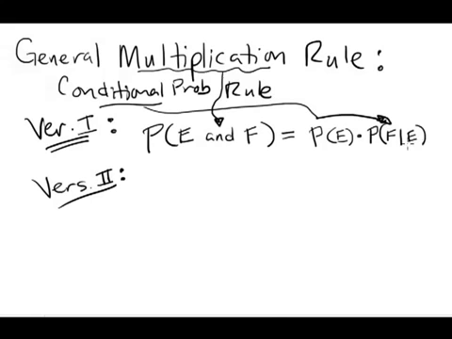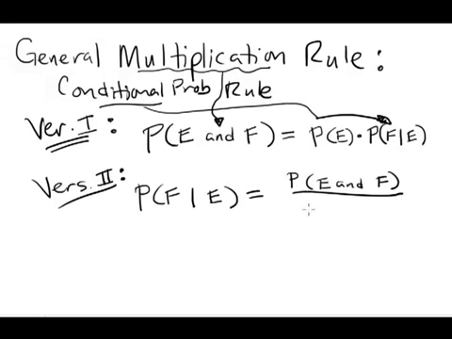So version 2 says let's find the probability of F given that E has occurred. Again, just simple algebra: you divide both sides of the first equation by the probability of E, and you get the probability of E and F all over the probability of E.